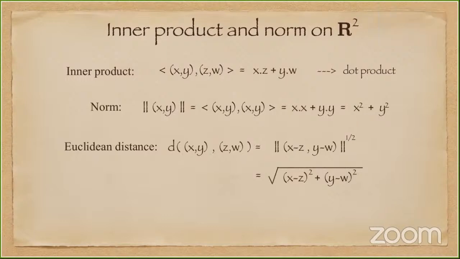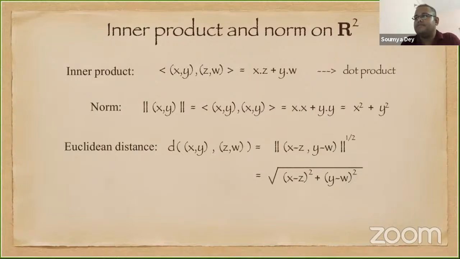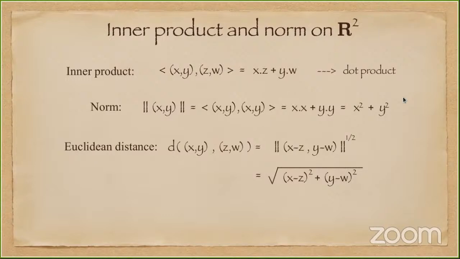This is the distance from 0, 0, right? Yeah, exactly. If you say norm is the distance from 0, 0, then here itself it should be a root. Yeah, so this equality. Okay, thanks. Please continue.